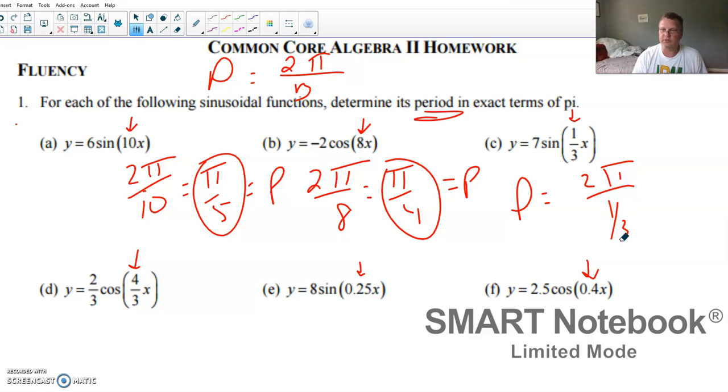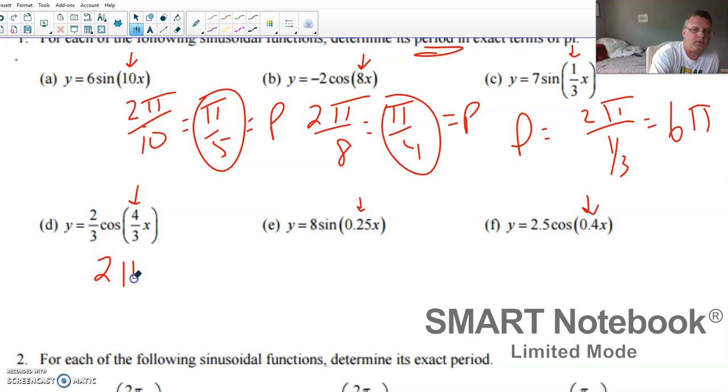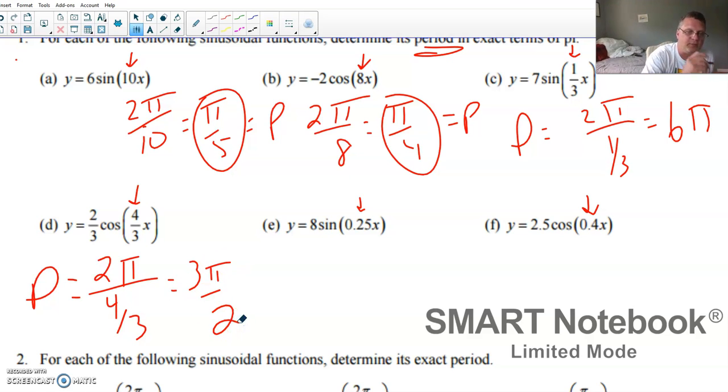It's okay if that happens. And then you get 6 pi. And down here, 2 pi, period is 2 pi over 4/3 equals. Now you put this in the calculator. Leave out the pi.